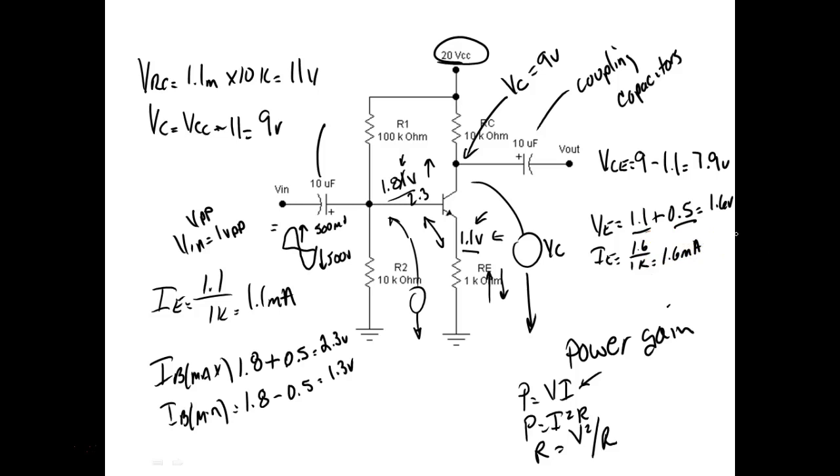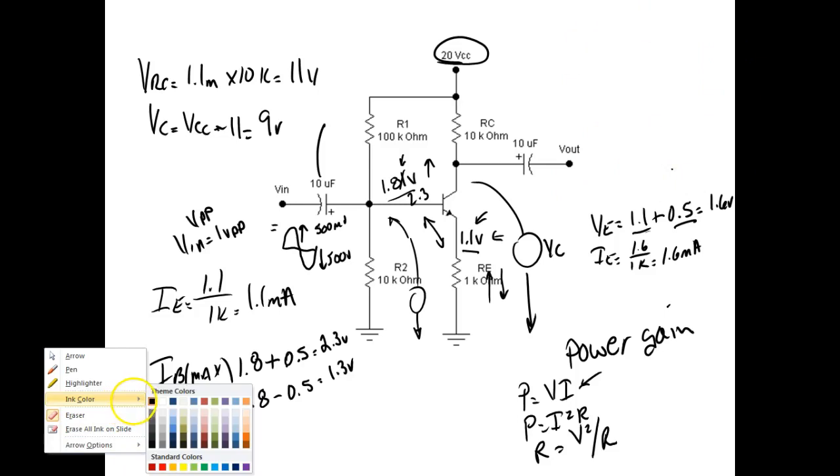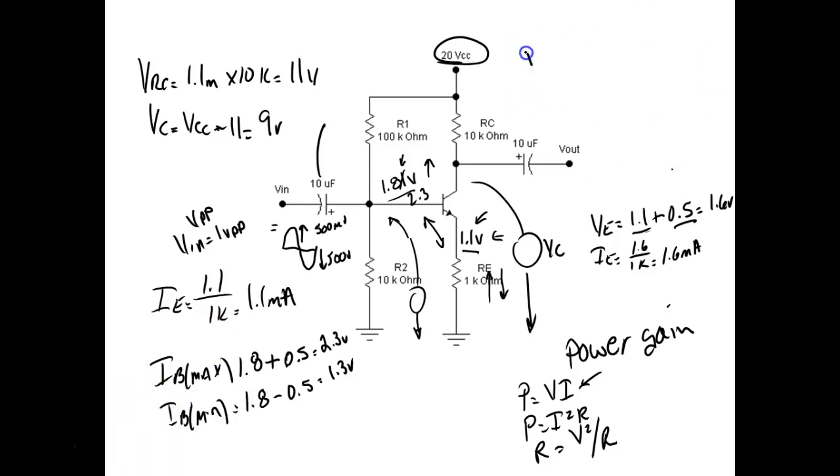Now this is the positive voltage. So what's going to happen is I've got more current here, so it means this resistor up here is going to drop more voltage. So what I would do is I would come up here and say VRC would be equal to 10K times 1.6 milliamps.